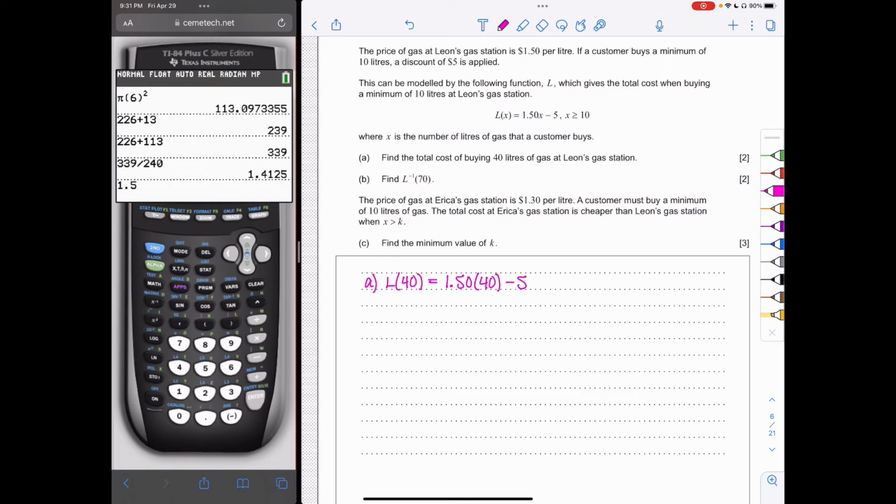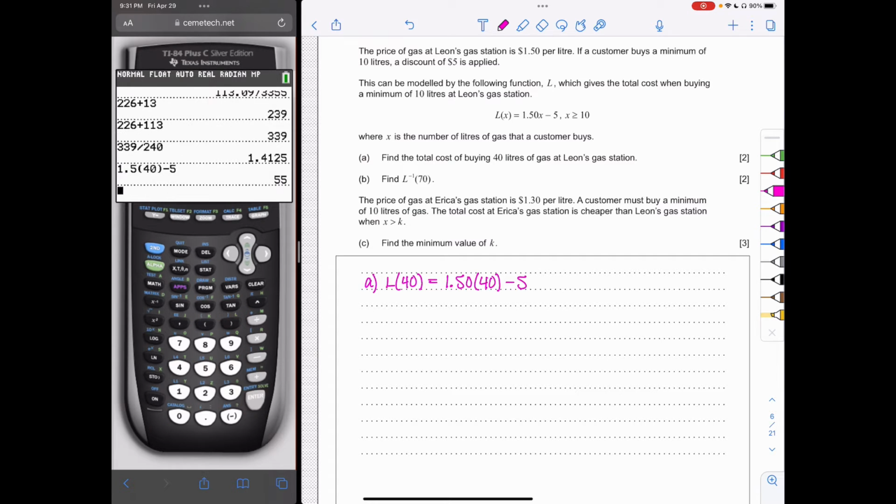So when I do 1.5 times 40 minus 5, I get 55. All right, and we already know that because we are talking about money, this is going to be $55 here.